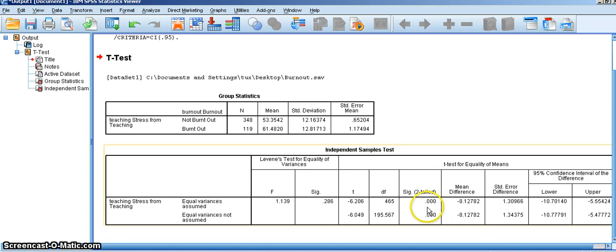In this case, we have 0.00, which is less than 0.05, so we can conclude that our differences in terms of the mean score of stress related to teaching is significant between the two groups, between the not burnt out group and the burnt out group.